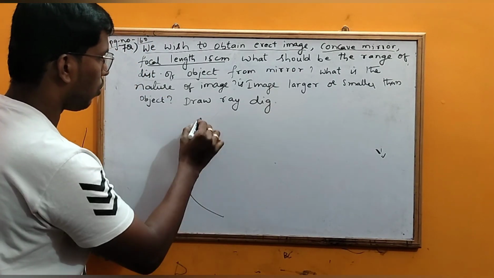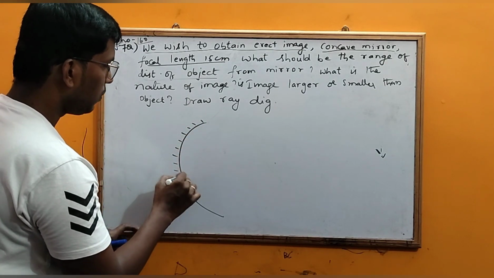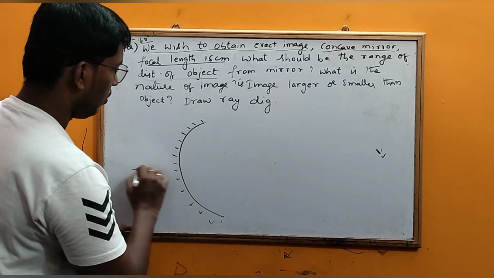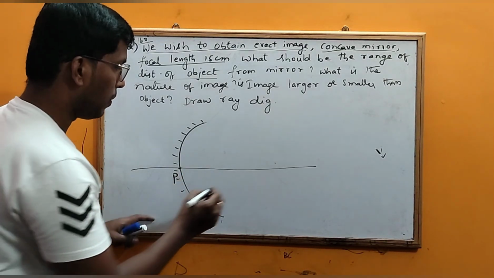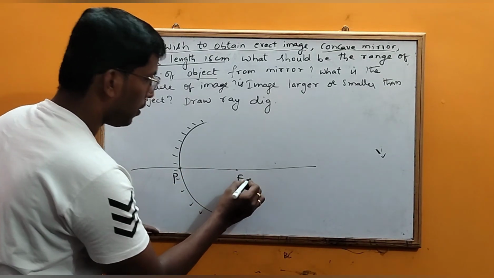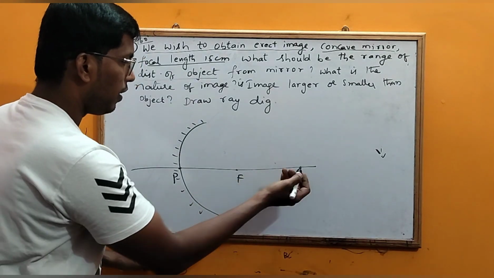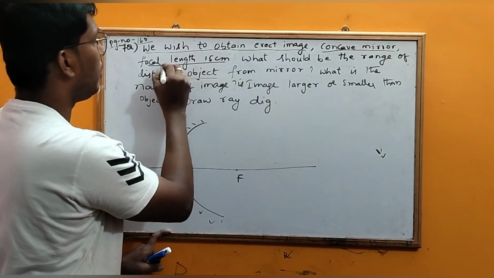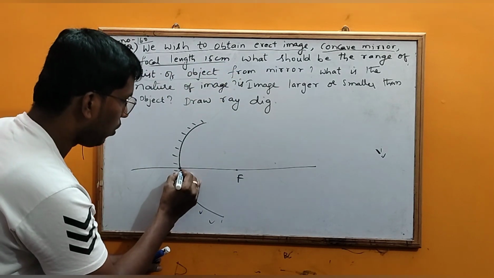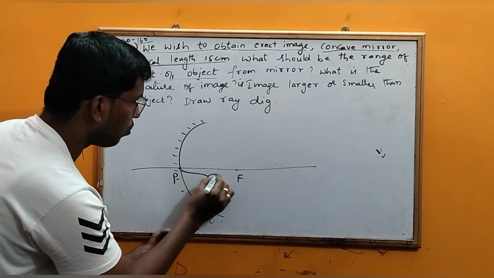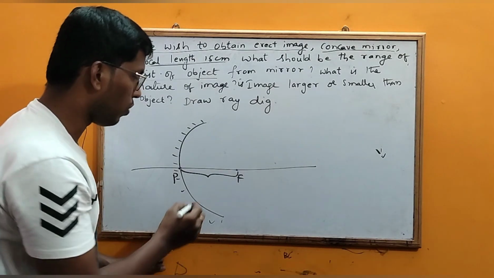So first I will draw the concave mirror, the principal axis, the same diagram, pole, focus point, and center of curvature. So what is given here? A concave mirror of focal length 15 centimeter. Focal length is the distance from the pole to the focus.